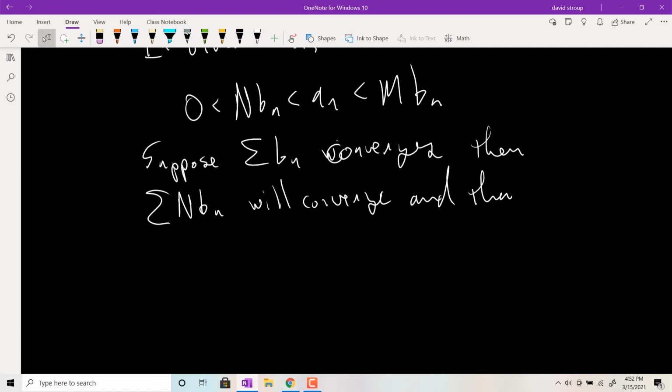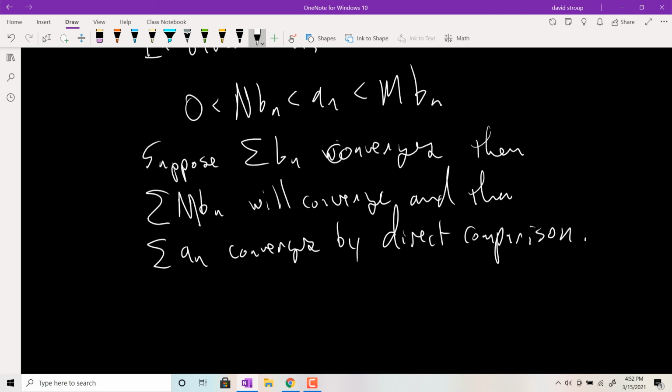I have to do the other one. So if the series b sub n converges, then the series of big M times b sub n will converge, and thus it'll force the a sub n to converge by the comparison test. Then the series a sub n converges by direct comparison.